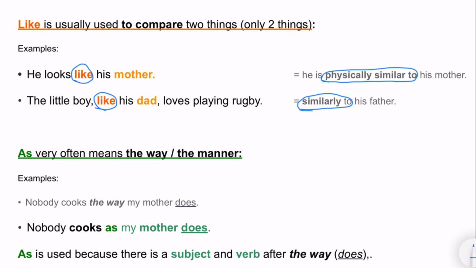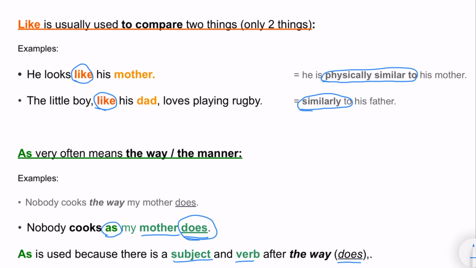As instead often means the way and the manner. For example, nobody cooks the way my mother does. So nobody cooks as my mother does. As is used because there's a subject here and a verb here after the way. This verb is the verb does, as we saw here.